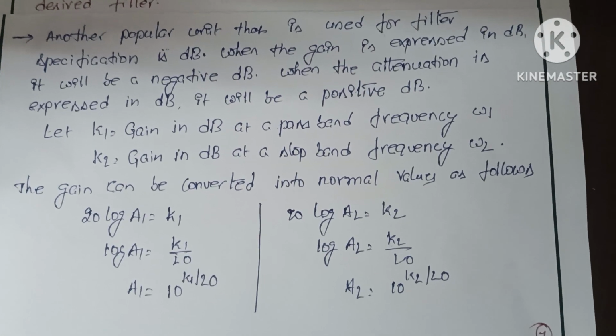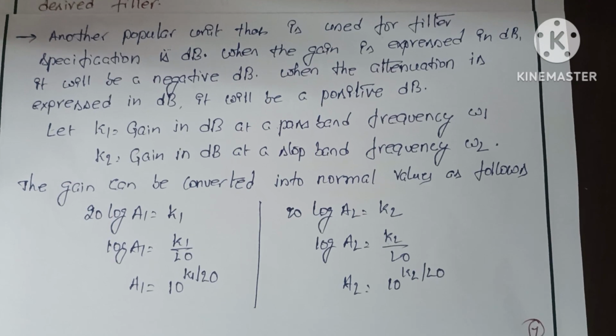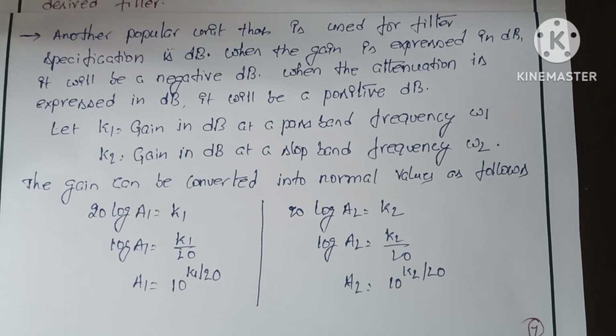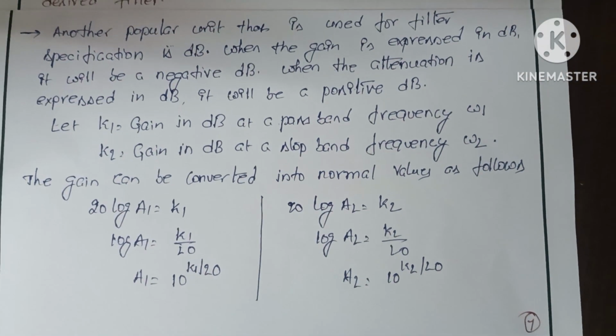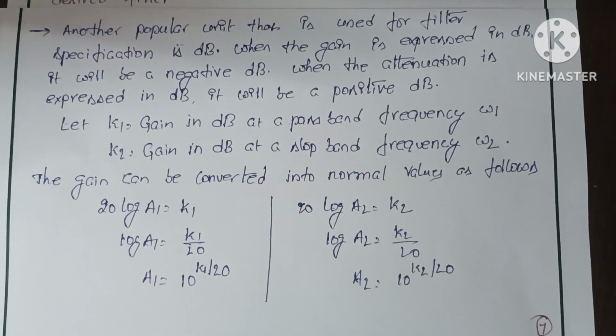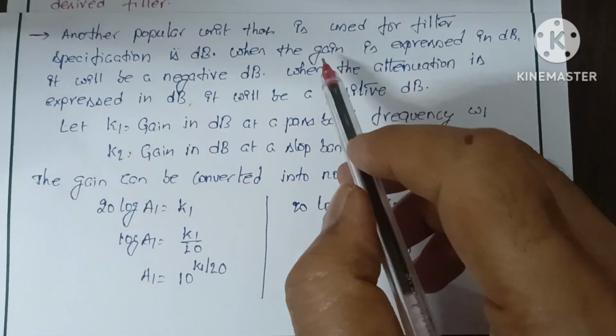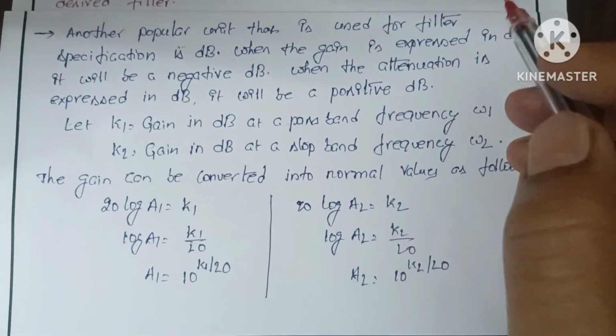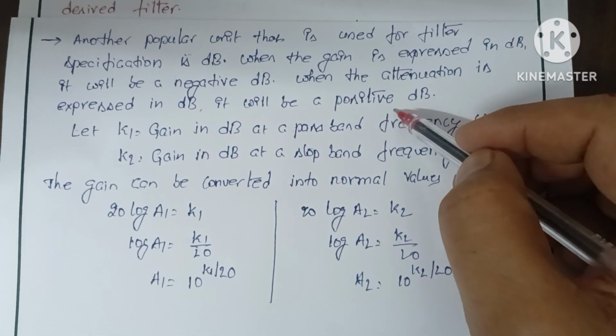In this particular problem, the data is given in terms of dB. When the gain is expressed in dB, it will be a negative dB. Otherwise, when the attenuation is expressed in dB, it will be a positive dB.